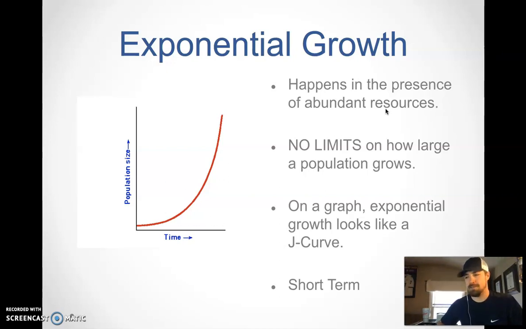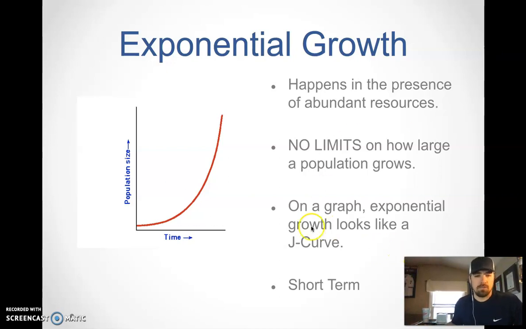If I'm a group of organisms, we're going to survive this quarantine, and then our population may grow. Who knows, right? So if there are abundant resources, your population is going to grow very rapidly. There's no limit on how large a population can grow when it comes to exponential growth. It can keep going on forever as long as there are enough resources.